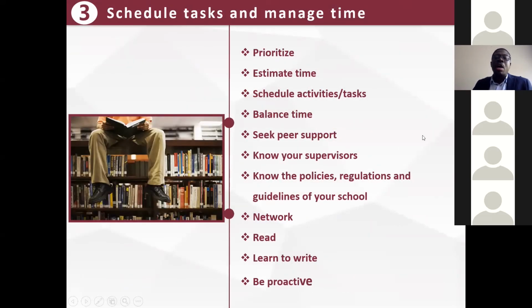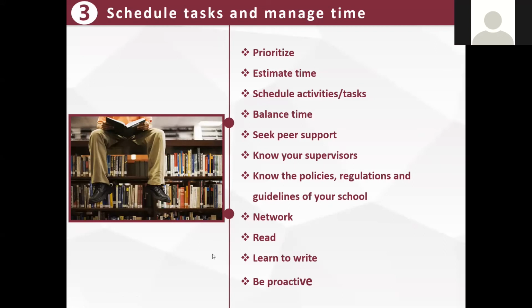And in the next stage, this is where you are going to schedule the tasks and manage your time. It is a very important stage because this is where the actual work has to be done. But most of the things that you have to do will precede the scheduling of the tasks and the time. So for instance, you have to prioritize. Make sure you do the most important things first.